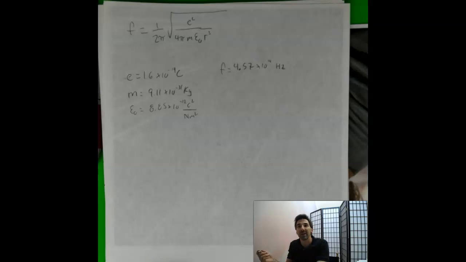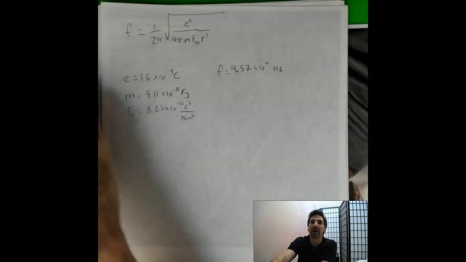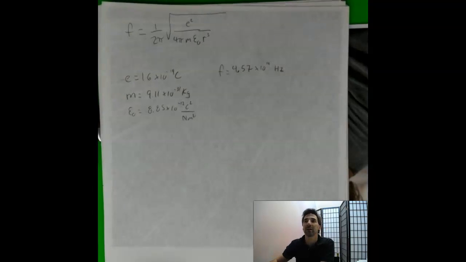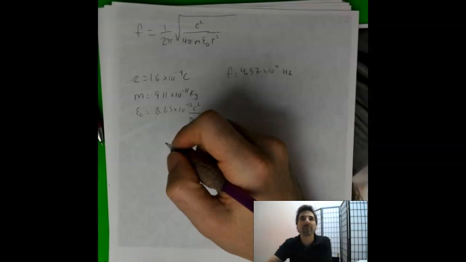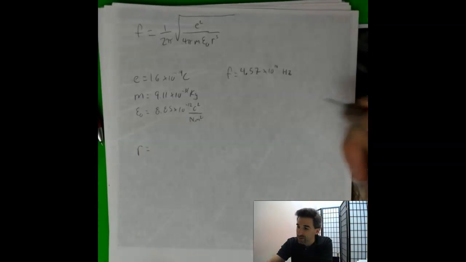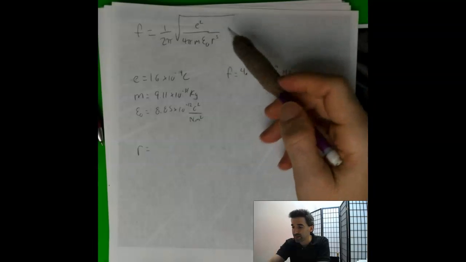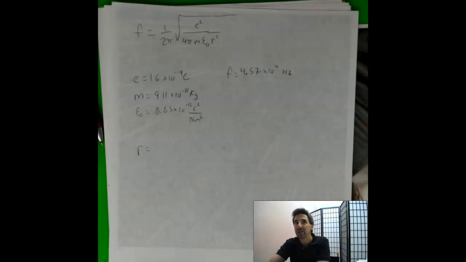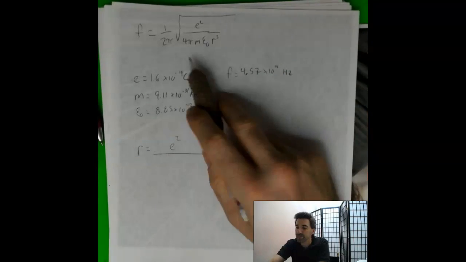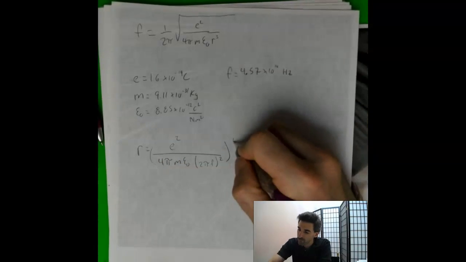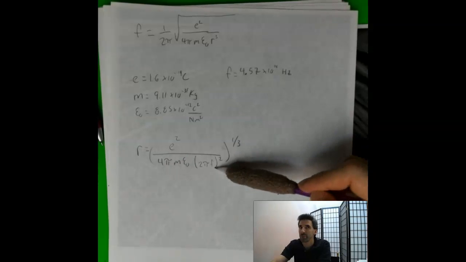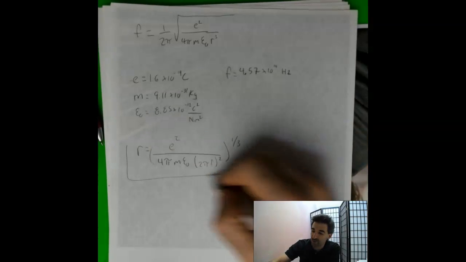Now again, although this is just a straight plug and chug question, it is super interesting to think about what we get out of this. So a quick rearrange. R is equal to that to the 1/3. Okay, so here is my radius.